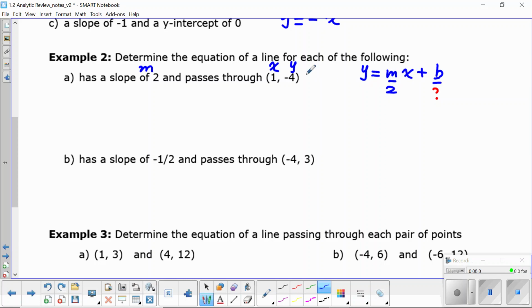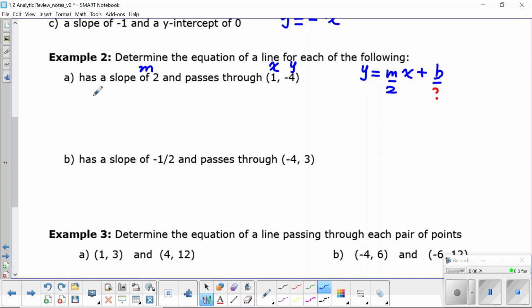So that's the reason we could use any point to sub in, as long as that point is on the line, it should satisfy this equation by substituting xy into the equation. So we use that property.